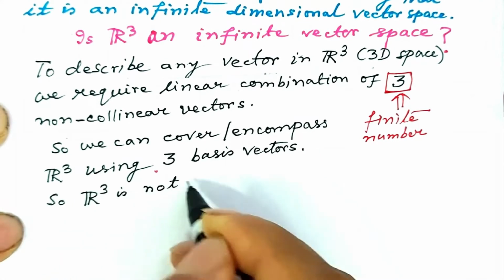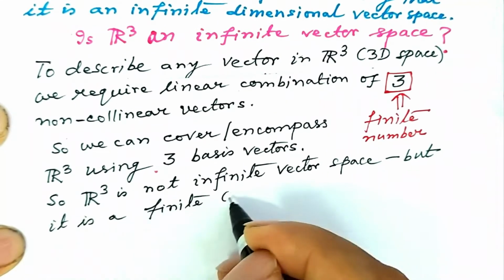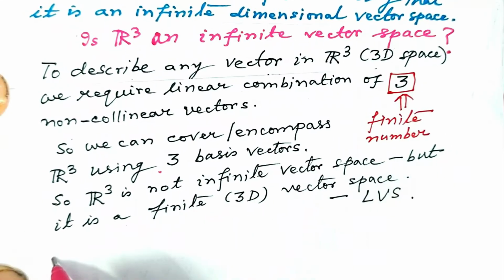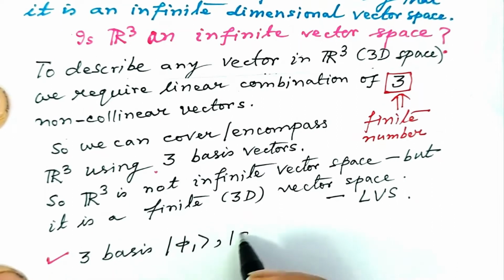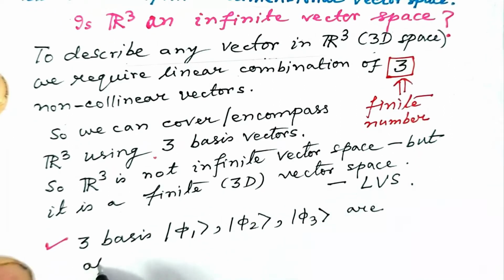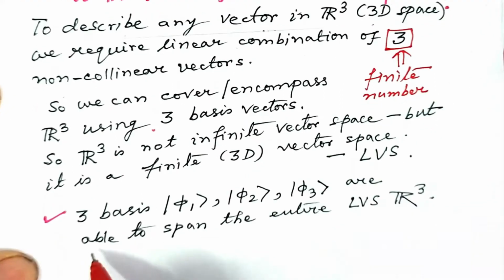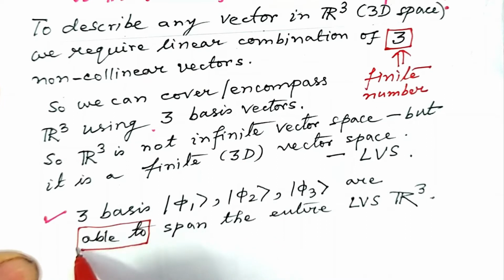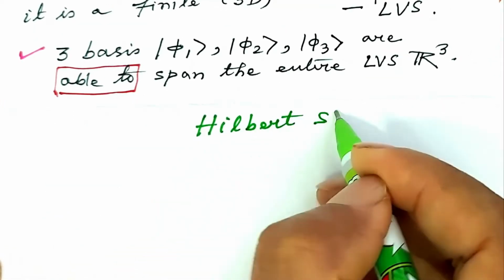So R3 is not infinite vector space, but it is a finite 3D linear vector space. The three basis ket vectors ket phi 1, ket phi 2, ket phi 3 are able to span the entire linear vector space R3. We are well on our way to define and describe what is called Hilbert space.